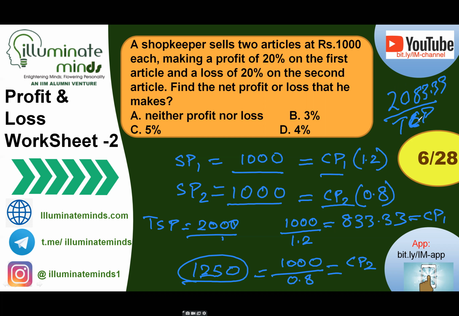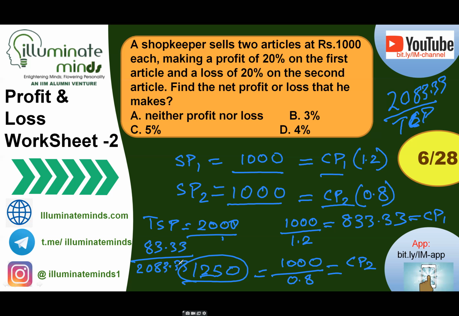So the net profit or loss is how much? The selling total is 2000 and the cost total is 2083.33, so this is total loss. Loss is 83.33 divided by 2083.33. Approximately it seems to be 4%.